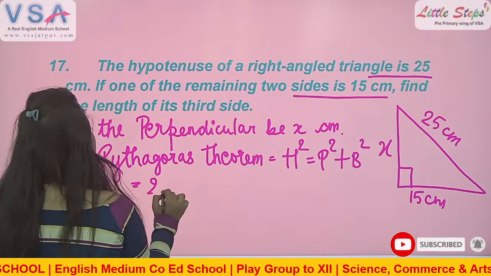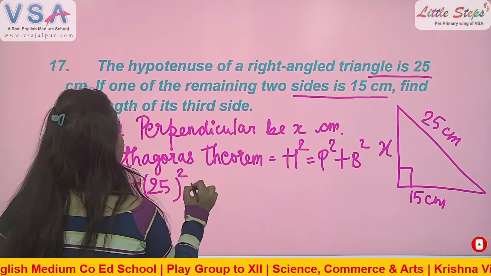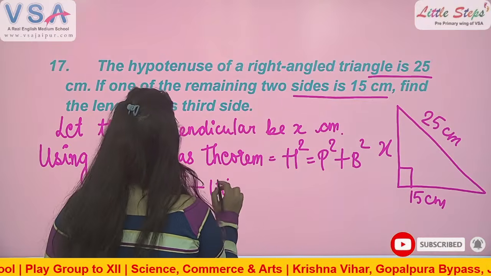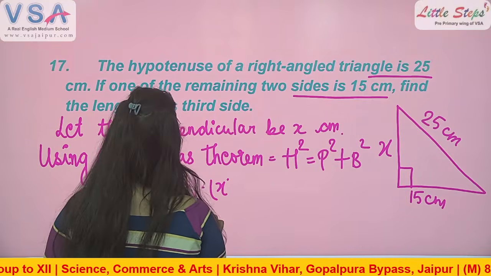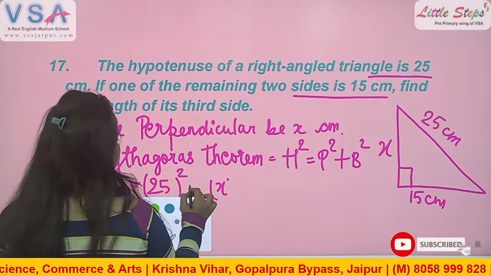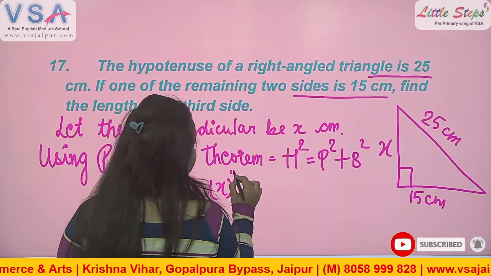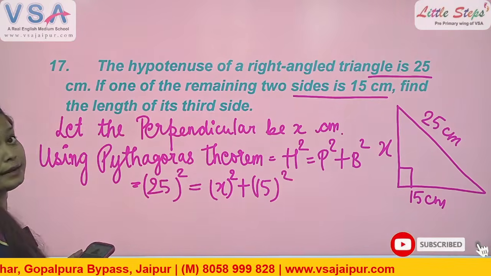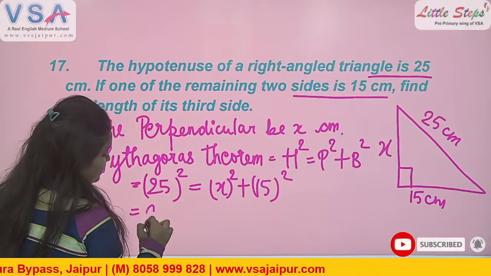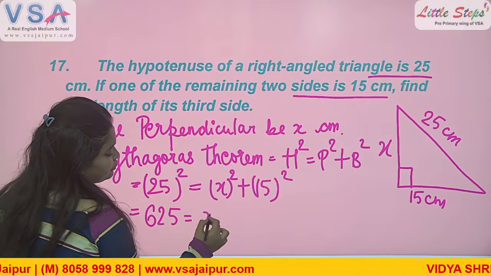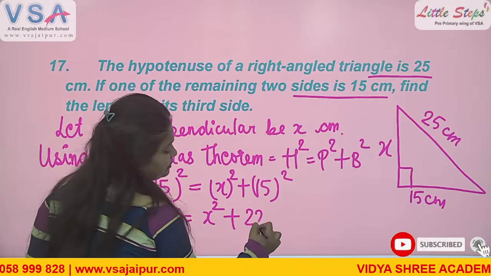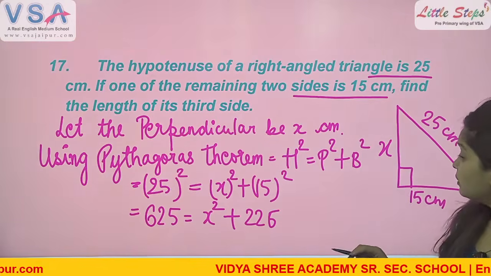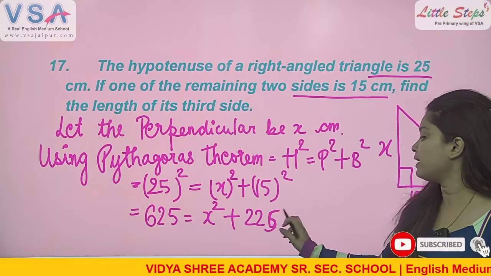Hypotenuse is 25 का स्क्वायर इक्वल परपेंडिकुलर x का स्क्वायर प्लस 15 का स्क्वायर. 25 का स्क्वायर क्या होता है, tell me. The square of 25 is 625. x स्क्वायर, and 15 का स्क्वायर is 225.